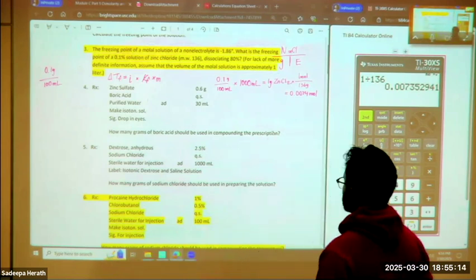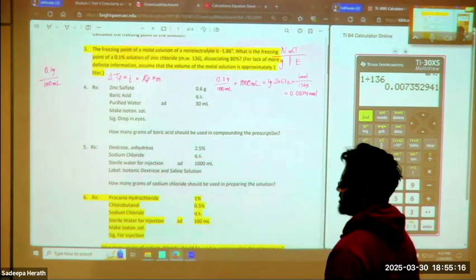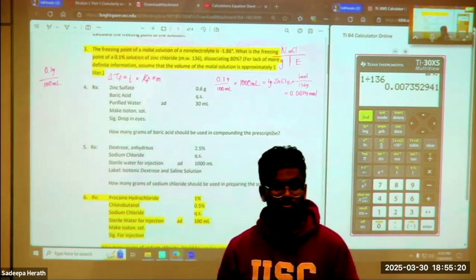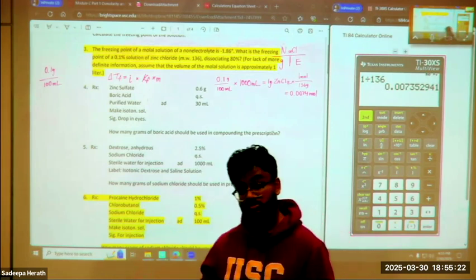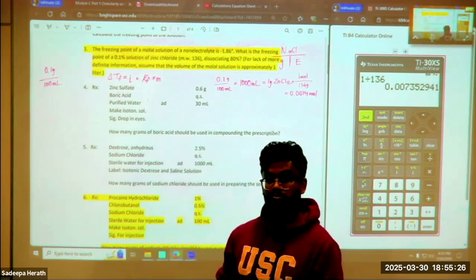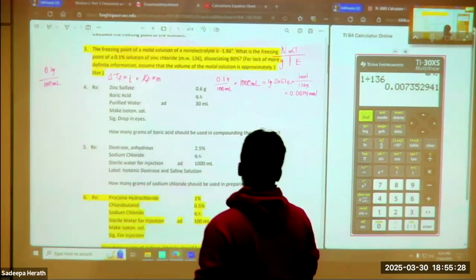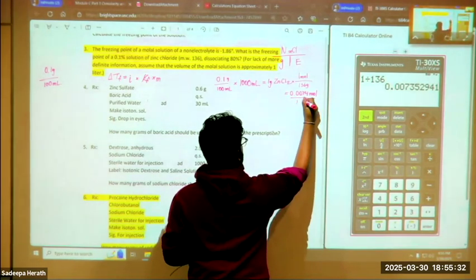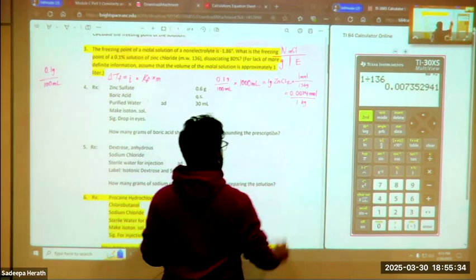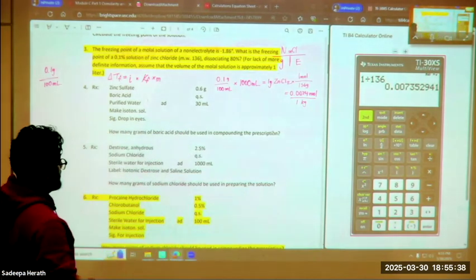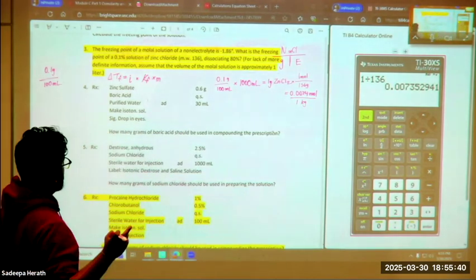So 1 liter, that's 1,000 mLs of water. 1,000 mLs of water equals 1,000 grams of water, 1 to 1, right? And 1,000 grams equals 1 kilogram. So it's this amount of moles over 1 kilogram of solvent, which is the same thing, moles per kilogram, right? So we have our molality.